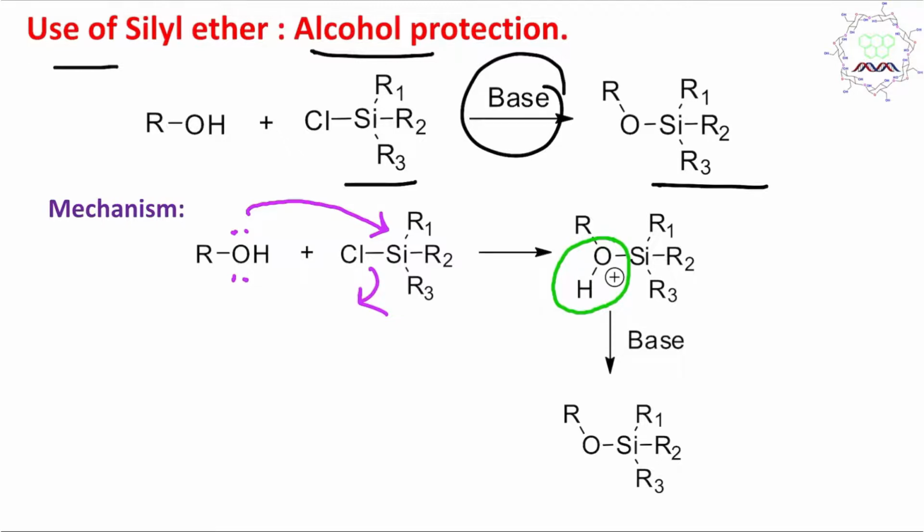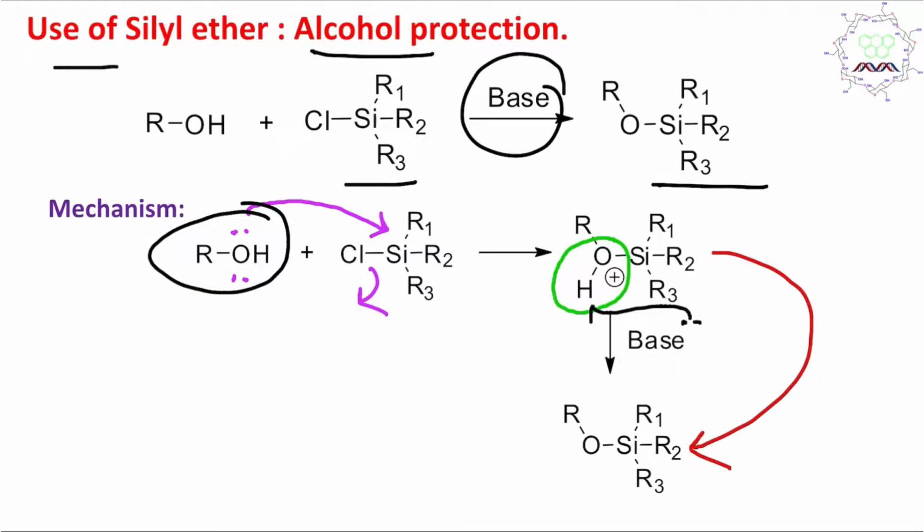Because the alcohol was a neutral nucleophile. After this nucleophilic attack it carries this positive charge, and in order to convert it into this silyl ether, base is needed. The role of this base is to abstract this proton such that the cationic charge is neutralized, and the base is converted into its conjugate acid, base H plus. In this way, this final silyl ether is obtained.